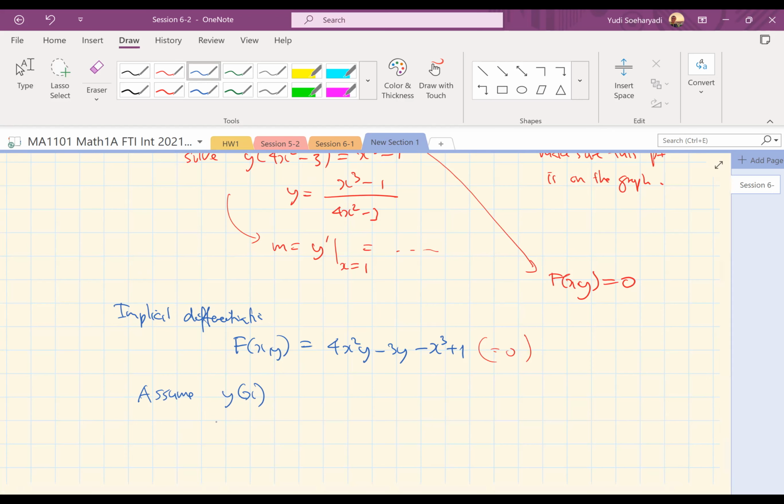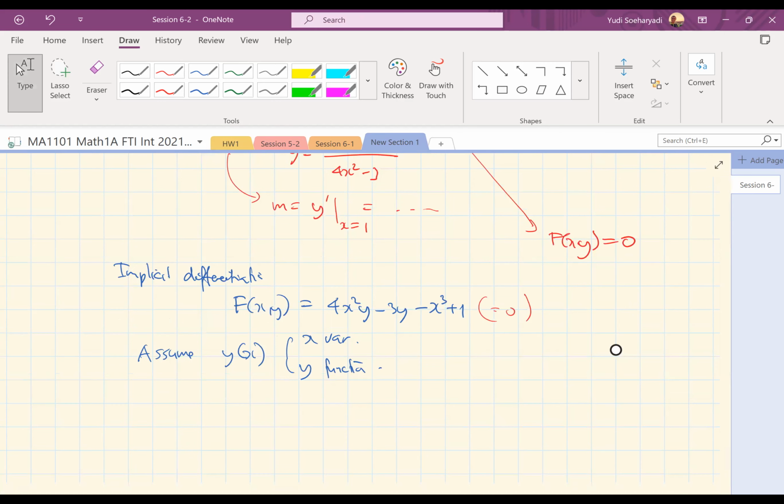Of course, you can do that, but let's just assume this one. So here x is the variable, y is the function. Okay, so let's take the derivative with respect to x.